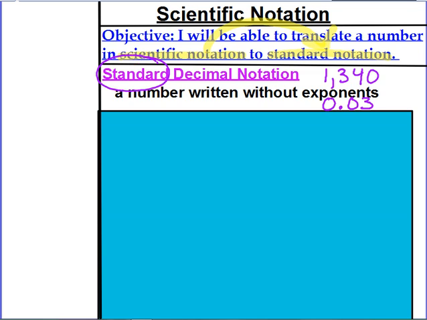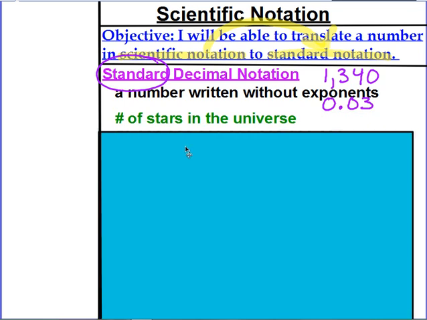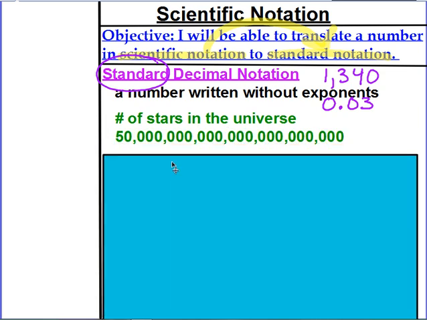Now, unfortunately, sometimes writing a number in standard decimal notation is not always the most convenient. So this right here is written in green. You do not have to write this, but let me just explain to you what I mean by convenient. If you had to express the number of stars in the universe, then you would have to write that number like this, okay?